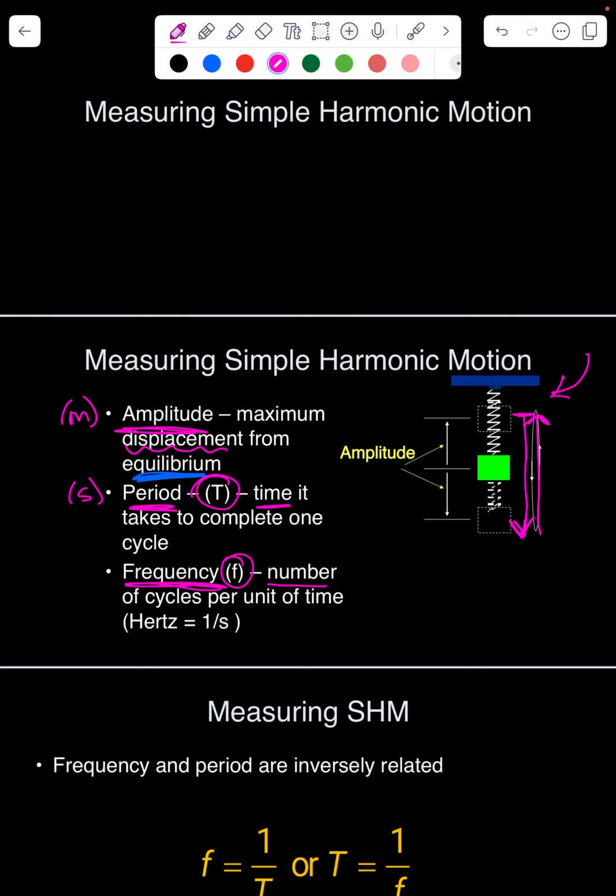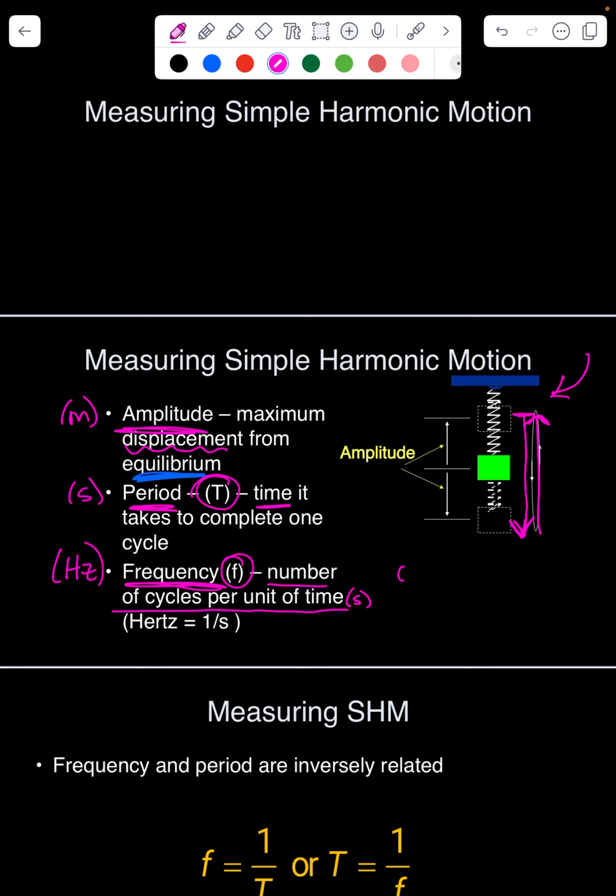Frequency is the number of cycles per unit of time, or number of waves per unit of time, or number of vibrations per unit of time, or number of oscillations per unit of time. Our unit of time, remember, is a second, so our unit for frequency is something called a hertz. But when we're trying to interpret what's going on, the hertz does not really help us.